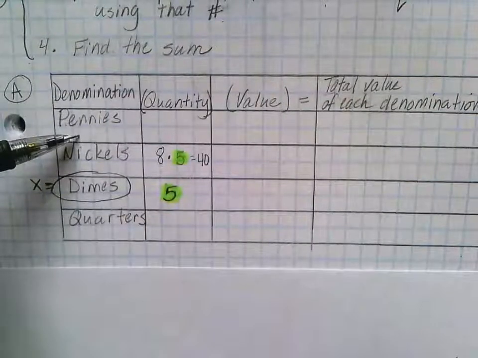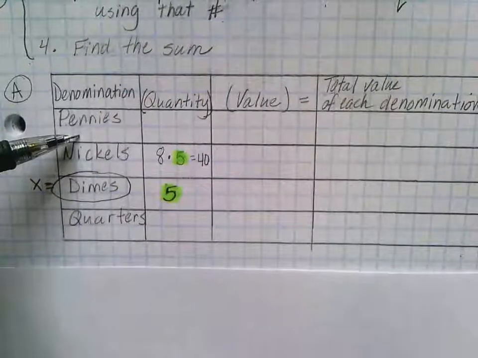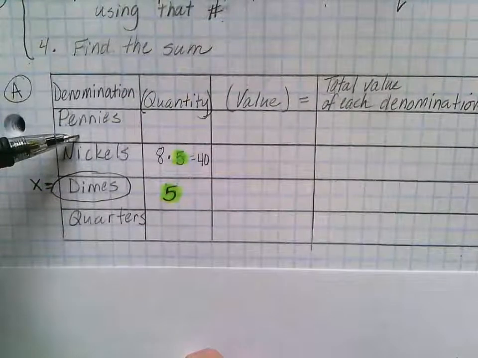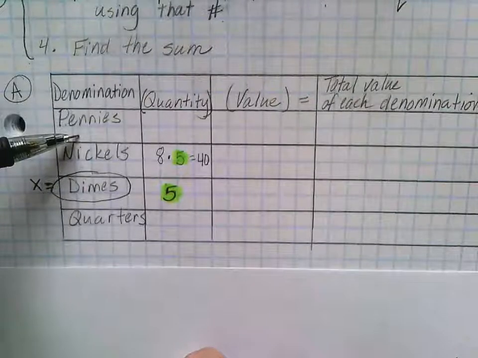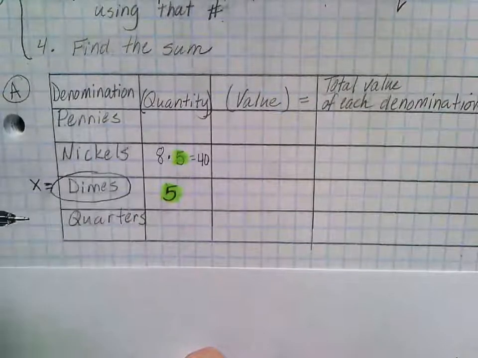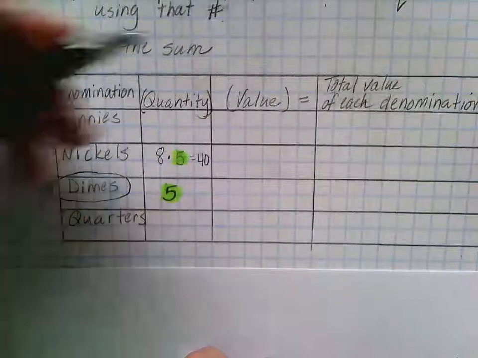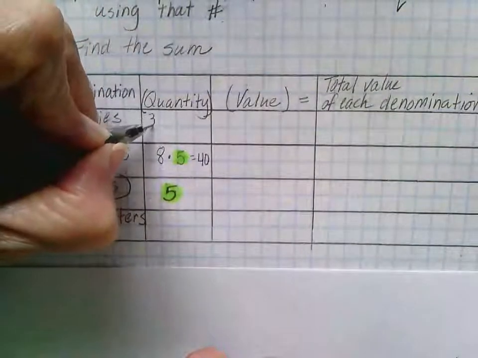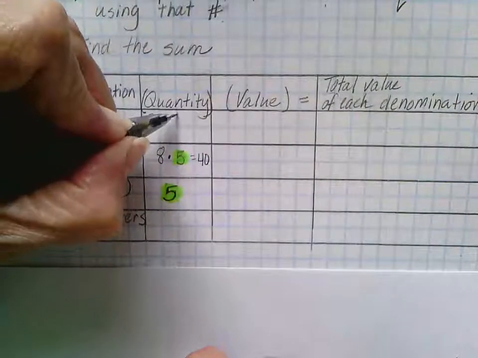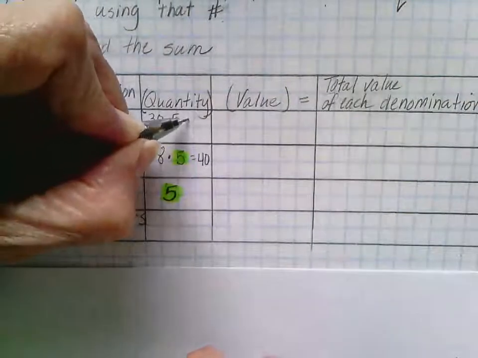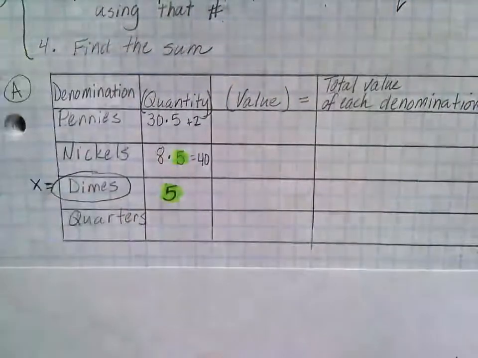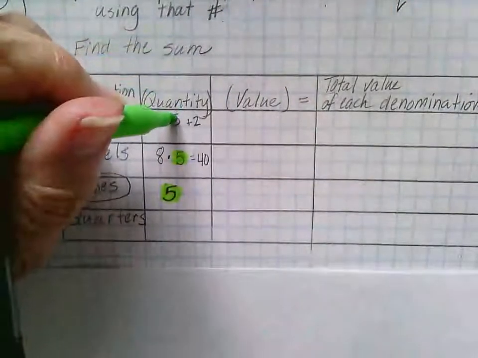The number of pennies I have is going to be 2 more than 30 times the number of dimes I have. So I'm going to take 30 times 5 and add 2. So there's my 5 again.